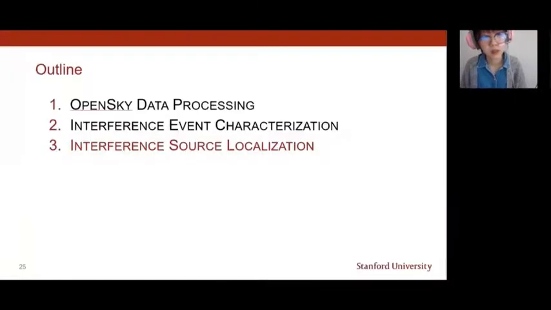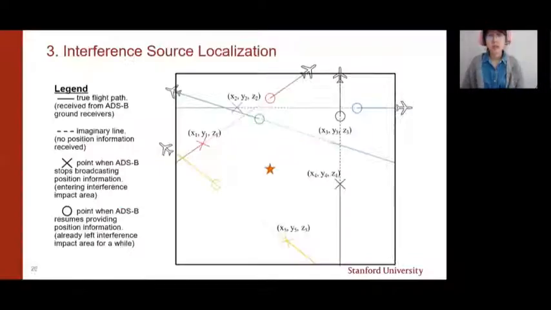Now, knowing some characteristics of the interference, let's move on to how we localize the interference source. Here, the black box shows the target airspace that we want to analyze. Imagine there is a jammer on the ground that is turned on.